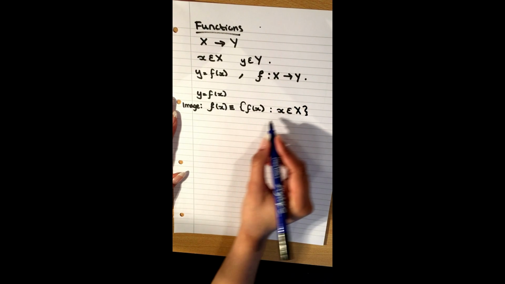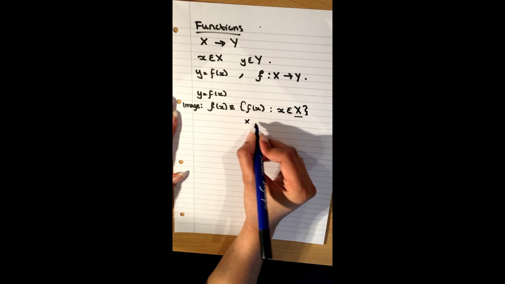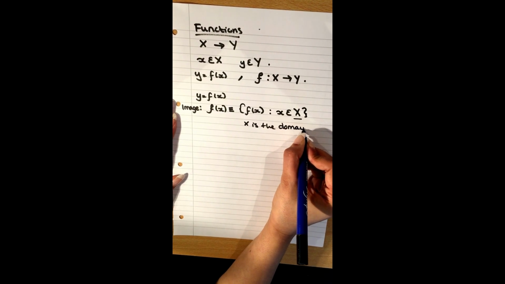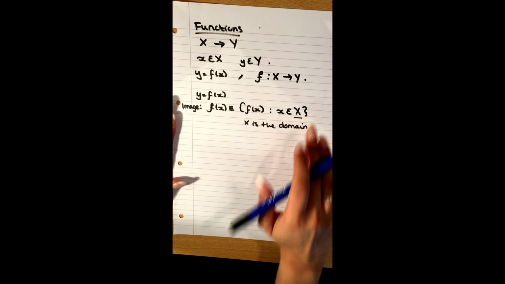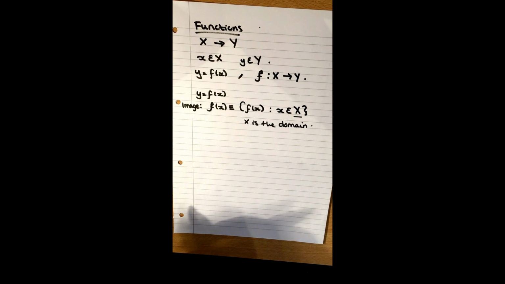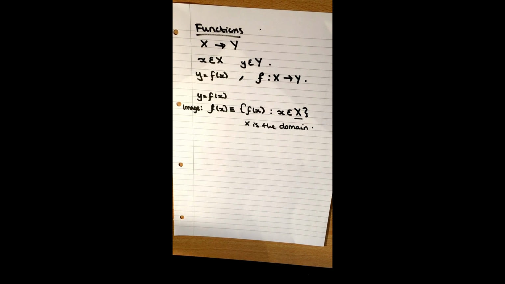Now remember, in this case, x is the domain. So you put in all the values of x that are in your domain, and any values that you get out are in your image set.